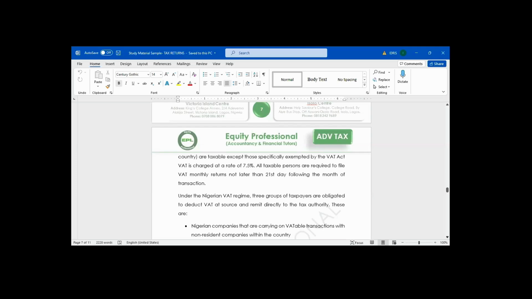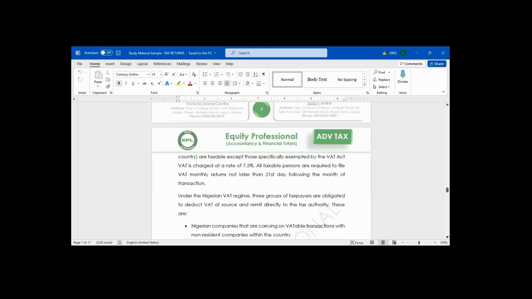We know that the VAT rate is 7.5%. Though there are some changes made by the new Nigeria Tax Act that was recently signed by the president.